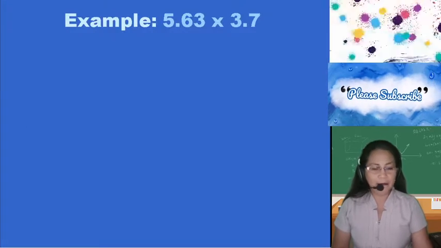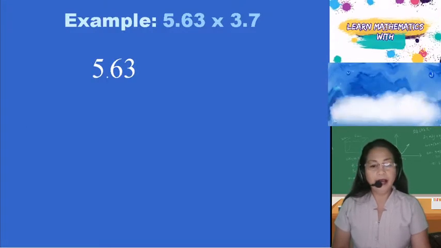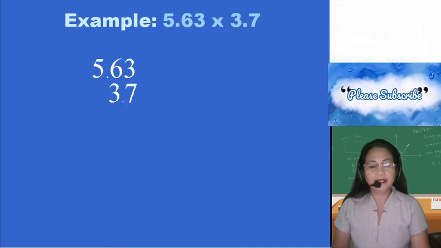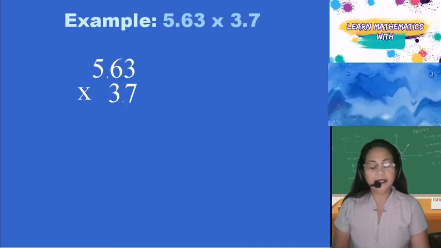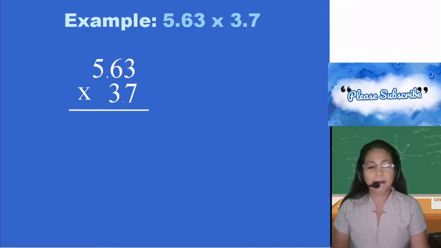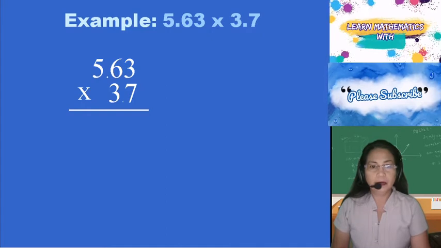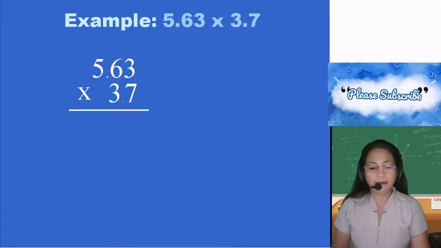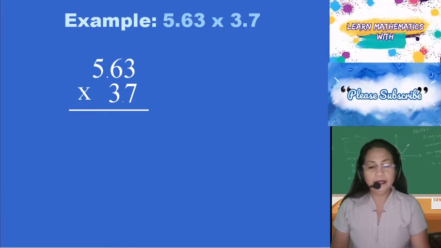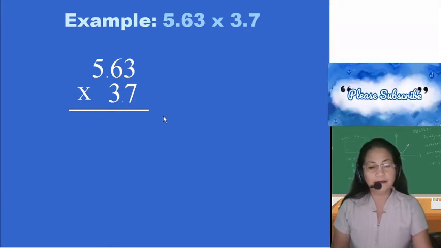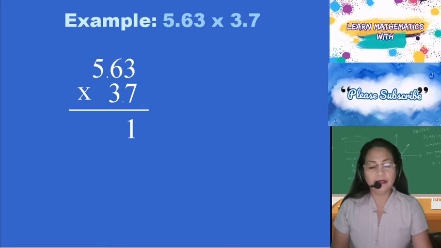For example, 5 and 63 hundredths times 3 and 7 tenths. So, let's multiply like multiplying whole numbers. 3 times 7 equals 21.